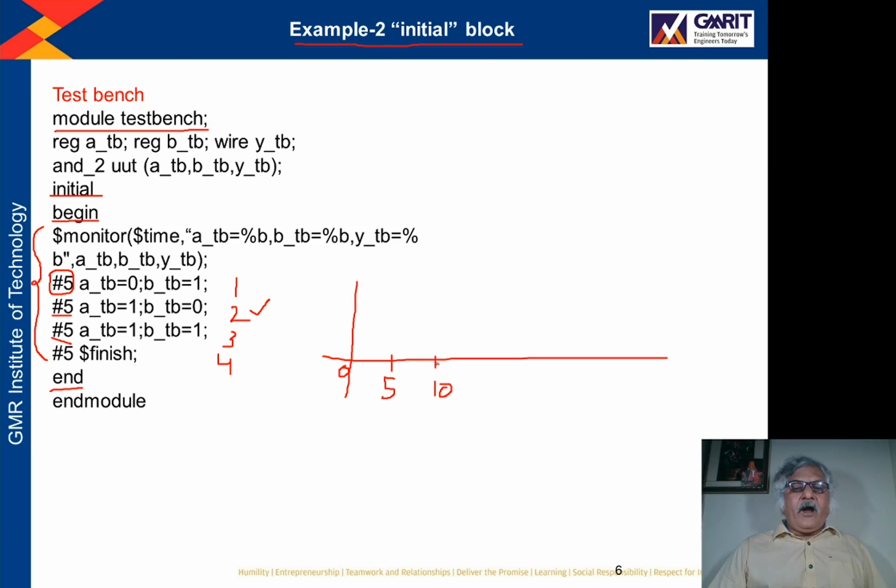Now in statement 3 again we have hash 5. So after 5 unit time of statement 2, which was at 10 unit time, statement 3 will be executed at 15 unit time. Then statement 4 also has hash 5, meaning 5 unit time after statement 3.